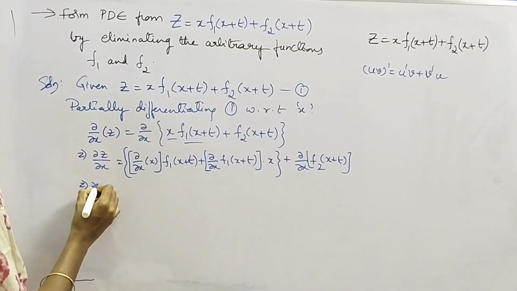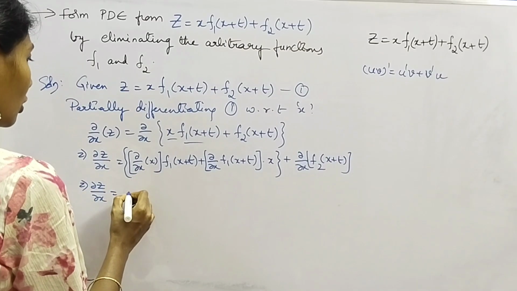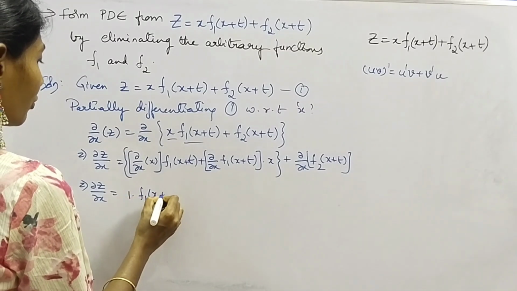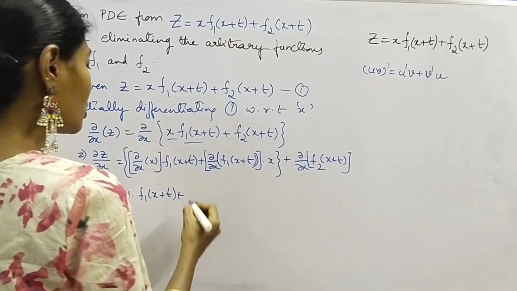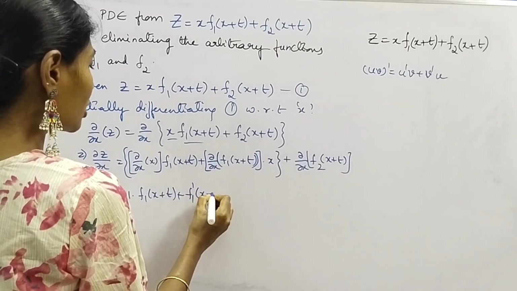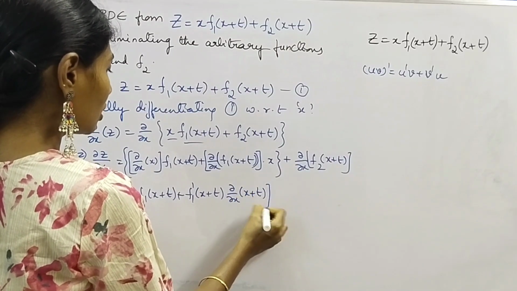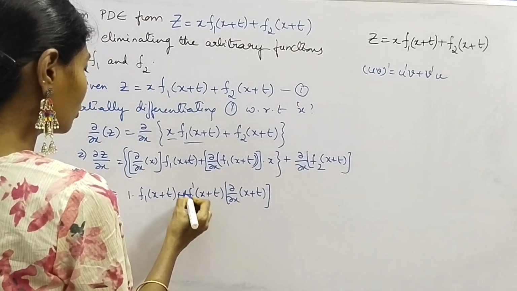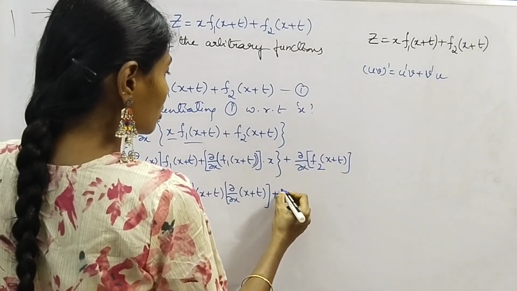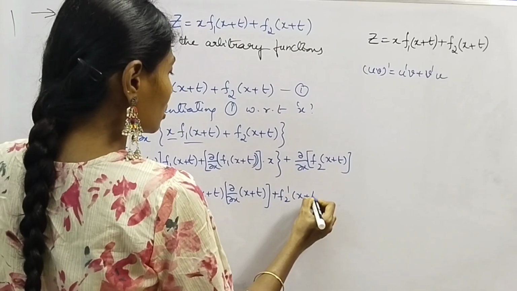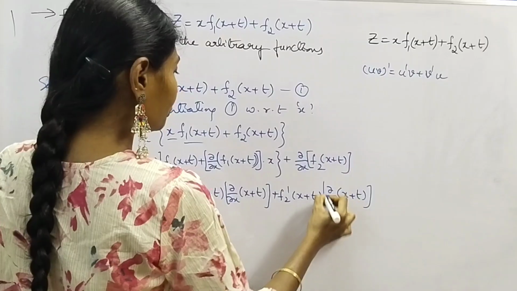This gives us dou z by dou x equal to the partial derivative of x with respect to x, which is 1. We'll get 1 into f1 of x plus t plus the partial derivative of f1 of x plus t, which is f1 dash of x plus t into the inner derivative dou by dou x of x plus t, into this x, okay, plus the partial derivative of f2 of x plus t, which is f2 dash of x plus t into the inner derivative dou by dou x of x plus t.